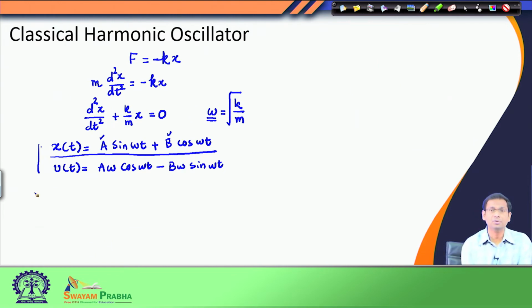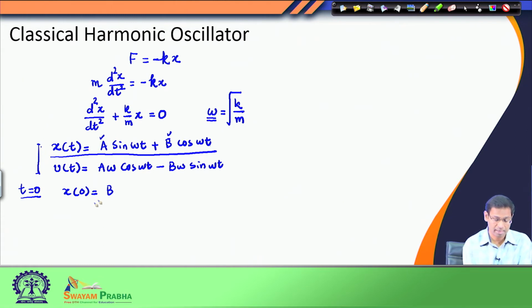I now have to discuss the boundary condition, the initial value condition. When I started my exercise at time t equals 0, x at 0, so I put t equals 0 in this equation. This sine term becomes sin 0, which is 0, and cos 0 is 1.